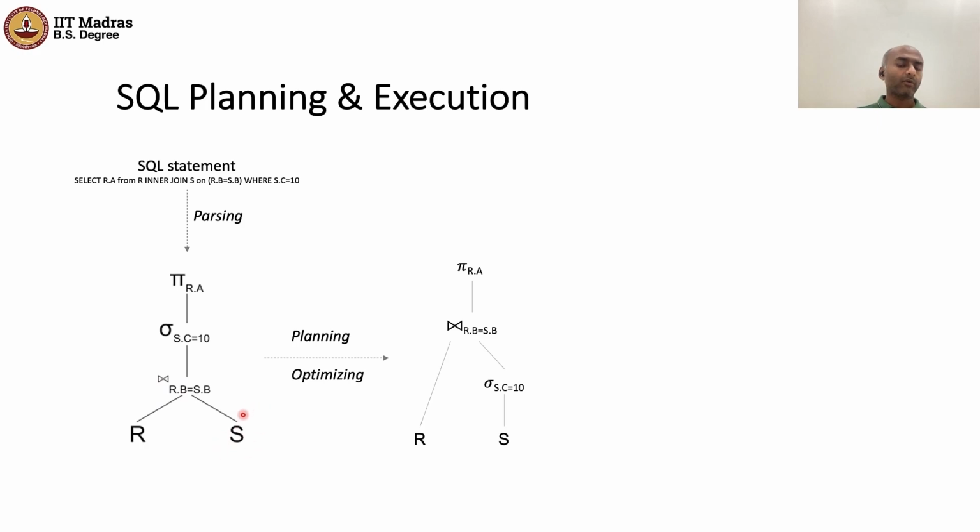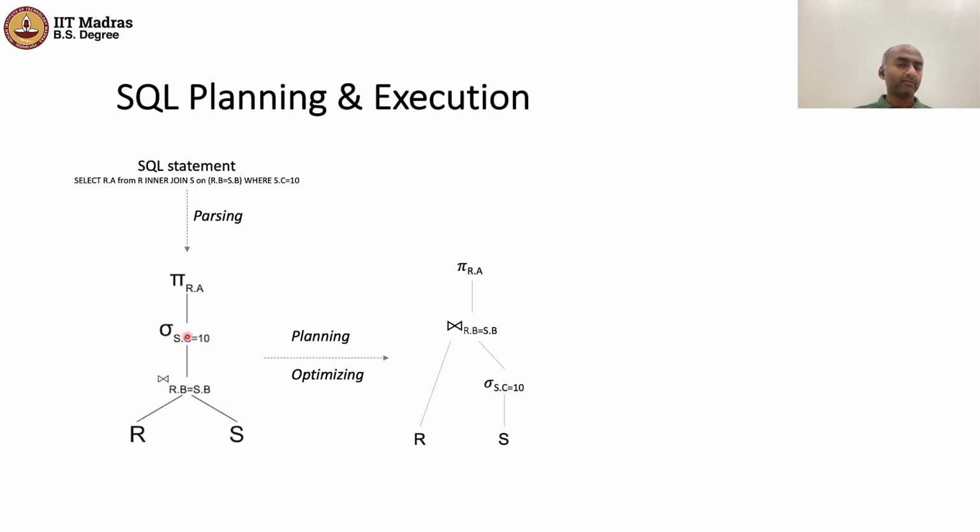which means I take all of the rows of R, all of the rows of S, all of the columns of R, all of the columns of S, merge it all together with a commonality constraint on the column B for each of those two tables, and then I'm applying the filter saying that I'm interested only in those records of S for which the value of column C is 10, which seems wasteful, right?